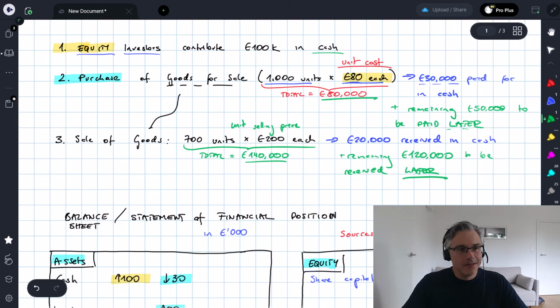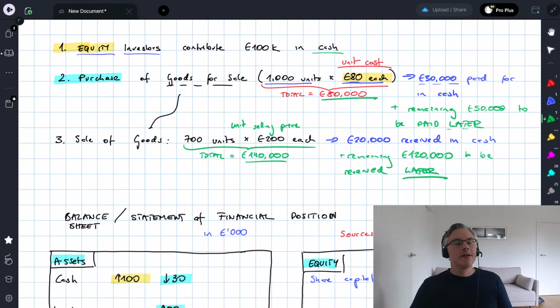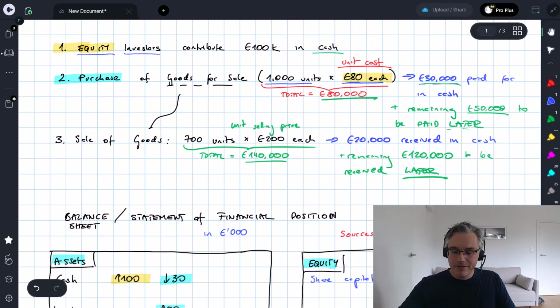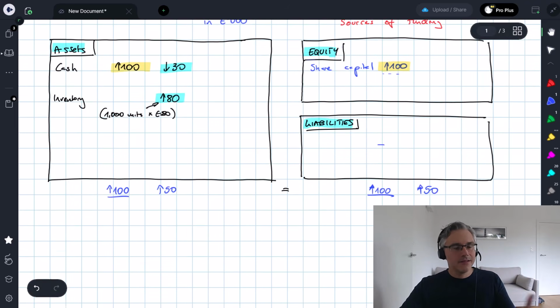The fact that they've handed over, that's the supplier, they've handed over goods worth 80,000 and allowed us to, at least so far, only pay 30,000 means we still owe them 50, the remaining 50 that will be paid later. And at least temporarily, they are funding us because they are allowing us to trade these assets, sell these units.